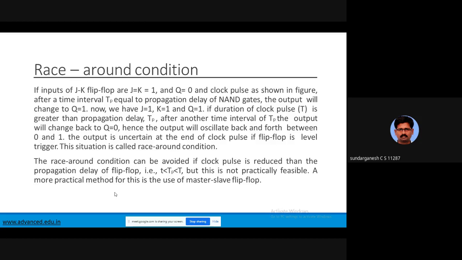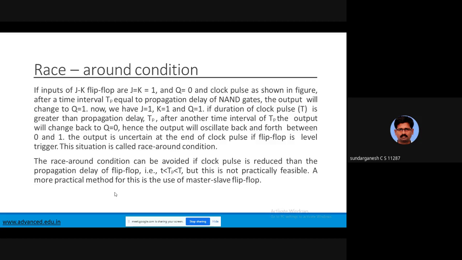So there is a problem with the propagation delay. The change from 0 to 1 takes the changing period Tp, which is equal to the propagation delay of the NAND gates. So what is propagation delay?